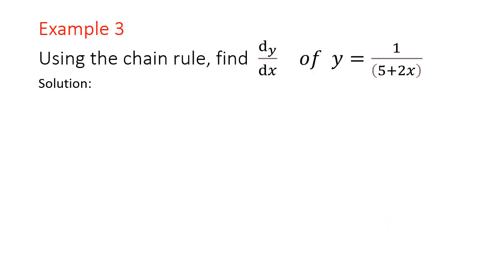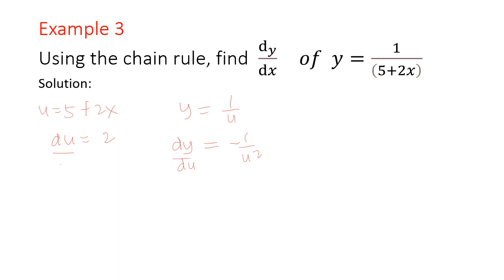So y equals 1 over 5 plus 2x. So you use u equals 5 plus 2x, du over dx equals 2, y equals 1 over u, so dy over du equals minus 1 over u squared.